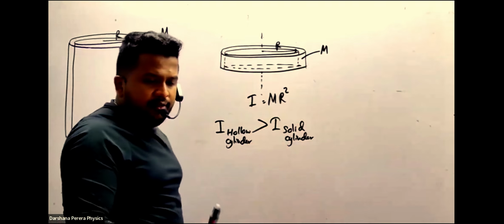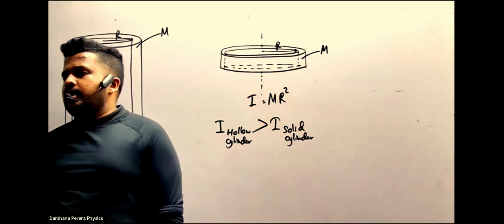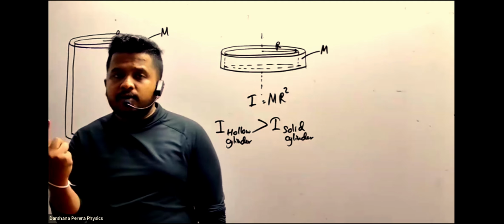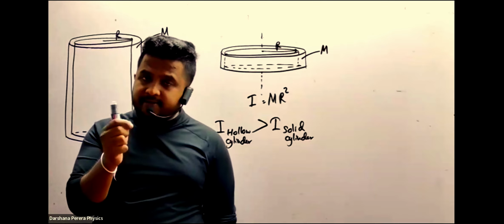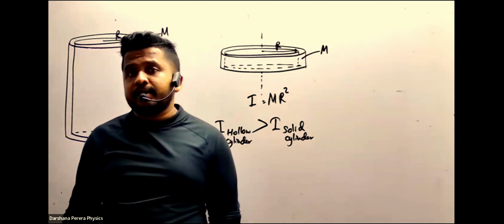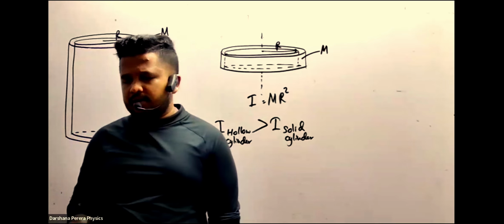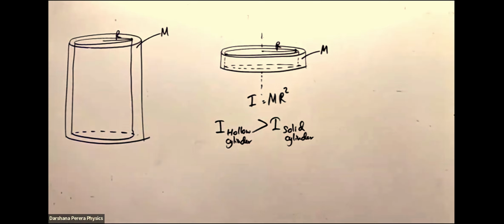Why? When we take the hollow cylinder, the mass is around the radius. Therefore, the mass distribution is higher than in the solid cylinder.